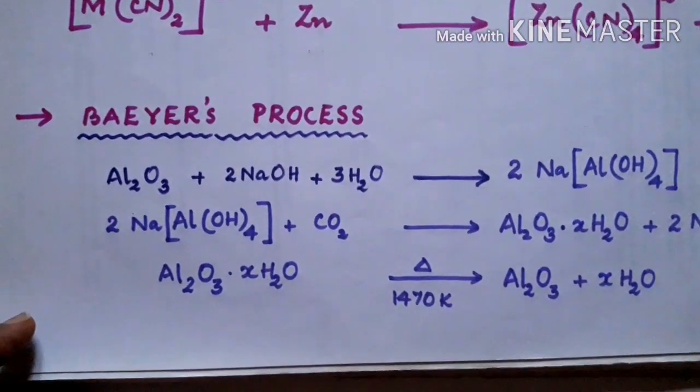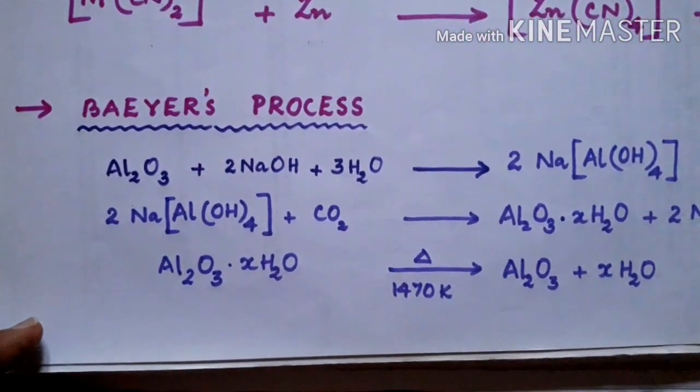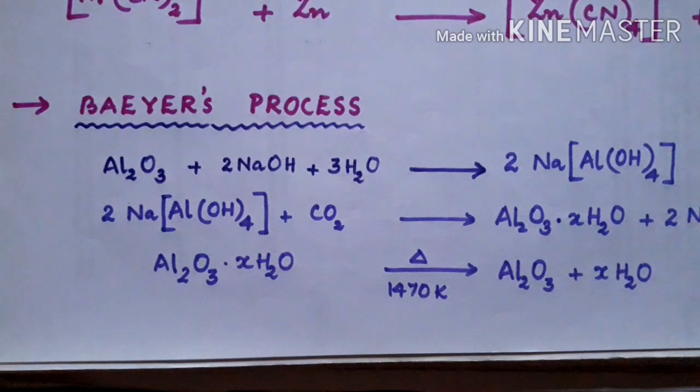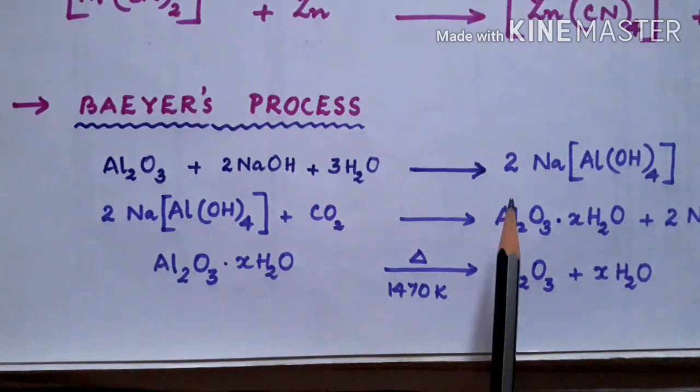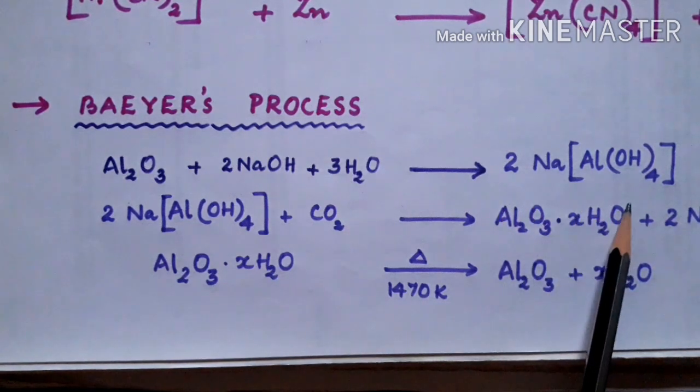Now, coming to the last method, that is leaching done for aluminium. The leaching of alumina is done by Bayer's process. Here, the alumina, which contains impurities like silica and titanium dioxide, is treated with sodium hydroxide solution to form sodium aluminate.